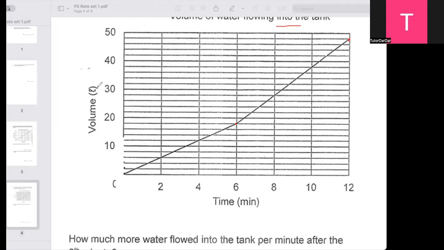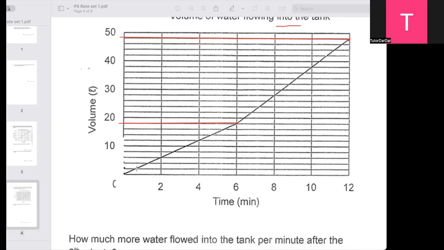So at 6 minutes, let's look at this line. It is here. Okay. At 12 minutes, the line is here.